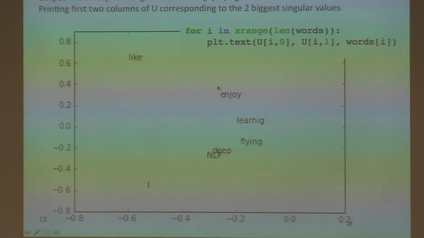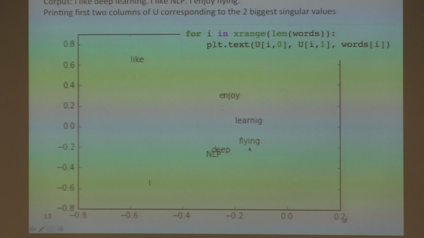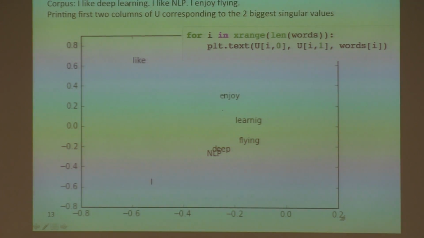So the nearest neighbor of like happens to also be enjoy, which is again very intuitive. It's trying to capture the most important information. You can say enjoy and learning are similar because they both are roughly in similar places, but most similar to learning is actually flying. So flying and learning both happen to appear at the end of sentences, and hence they're very similar.